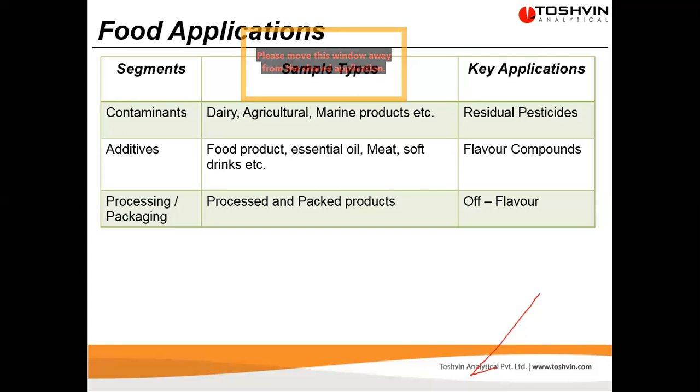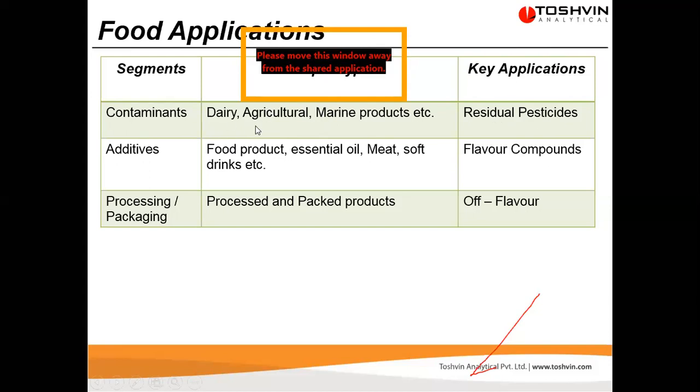Marine products come in various varieties, and dairies are there. So even if it looks very small here, the application is huge. Currently everyone is doing residual pesticide analysis in different commodities.